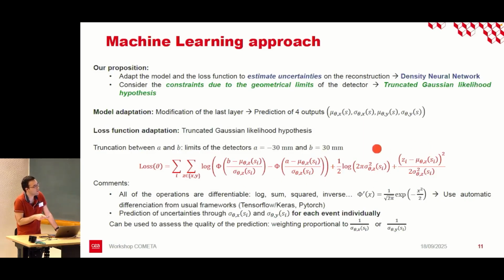Now we have all of these terms that help to consider also an uncertainty that is what we call heteroscedastic. So we expect the uncertainty to be different event by event, and also this truncation. Another comment is that we have a loss function, so we have to ensure that it has the good properties so that we can exploit it for neural networks.